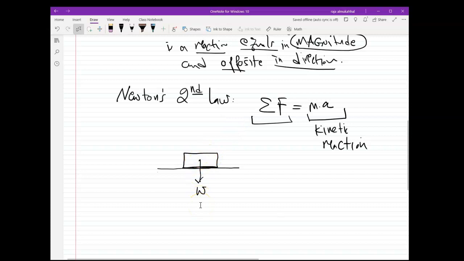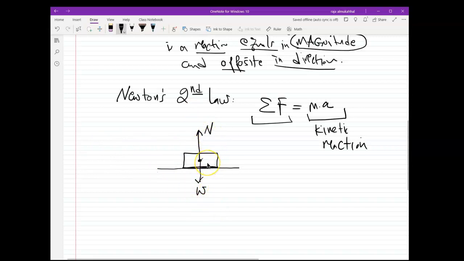So this means that there must be a reaction in this opposite direction that is equal in magnitude and opposite in direction. We call that the normal force. More on it later. Okay, that's called the normal force. So this normal force is equal to the weight of the book.